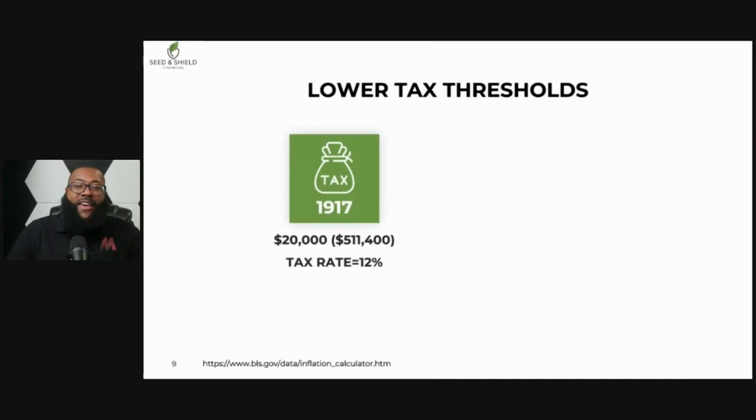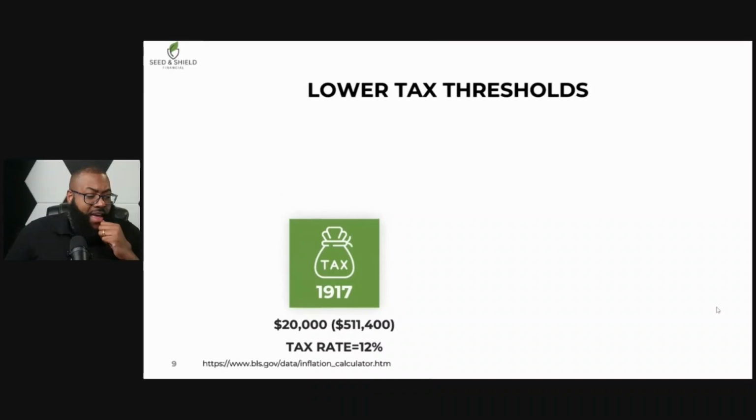Okay. So when you look at tax thresholds, now this is the sneaky one, right? Because people become obsessed with the rate. This example shows that in 1917, someone who made $20,000, the equivalent of roughly $511,400 in today's dollars, would have been subject to a 12% tax rate.